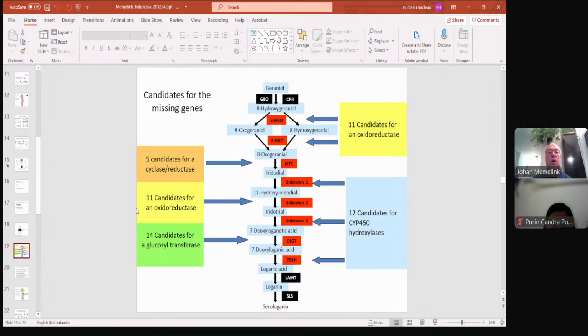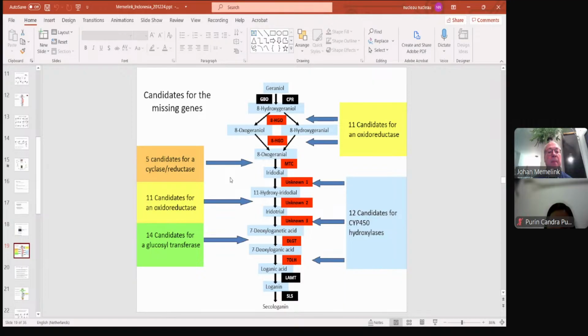Okay, so by looking at the expression data and at the type of enzymes that the candidate genes were encoding, we found a number of candidates for the different steps. So sometimes quite a large number of candidates. So we had 11 candidates for oxidoreductases, of which several were tested. We did not test all of them actually. Not all of them had the most perfect co-expression pattern.